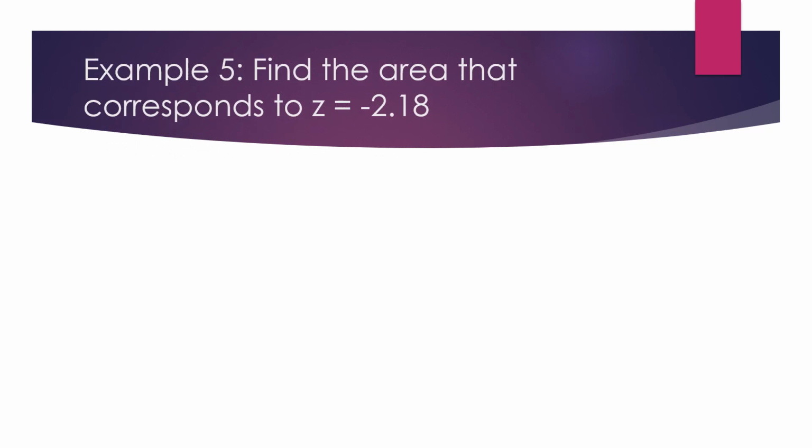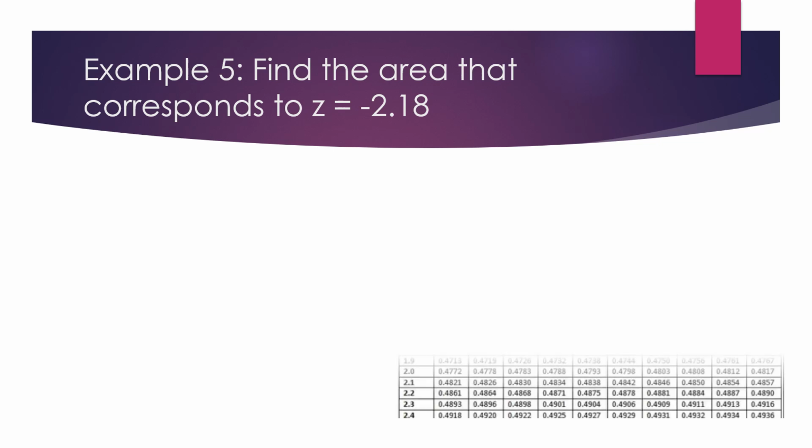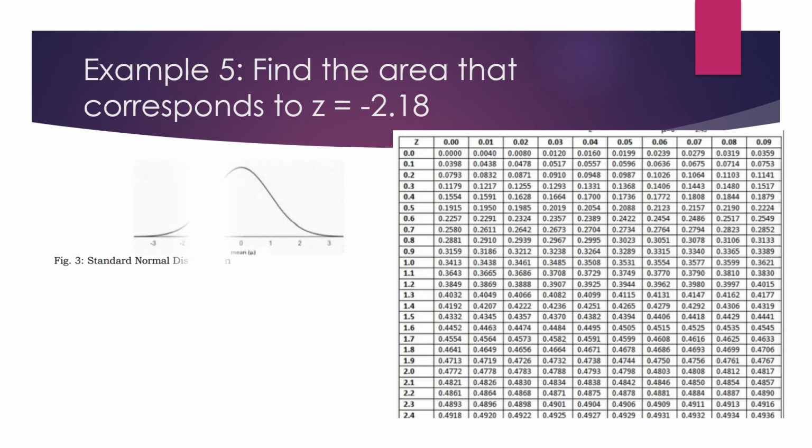Example number 5. Find the area that corresponds to z equals negative 2.18. Again, since it is negative, its shaded region is at the left side of the mean. And even if it is negative, the value of the area is still positive. So let us sketch the given region of negative 2.18.